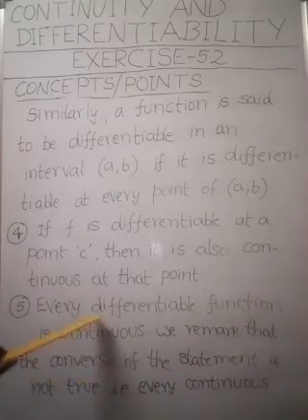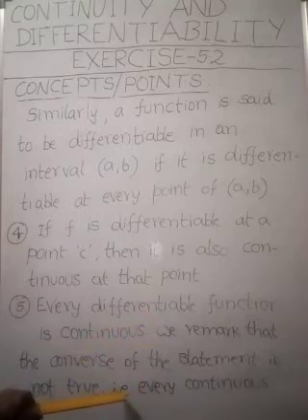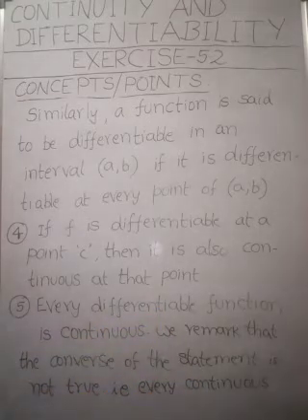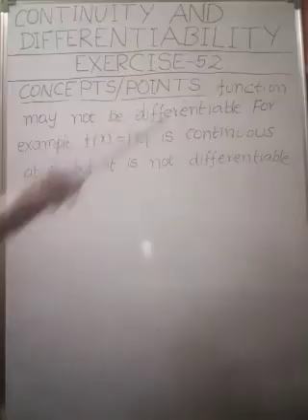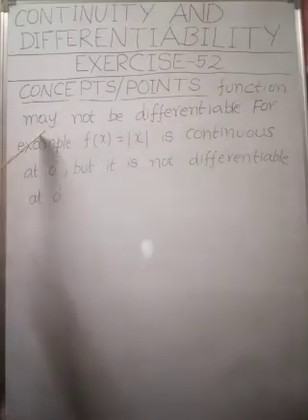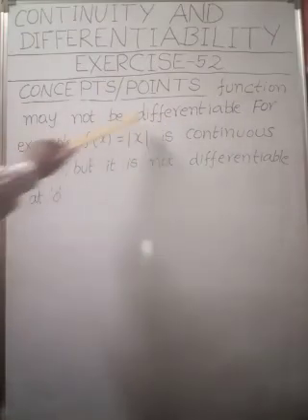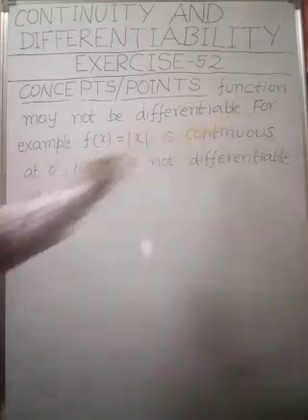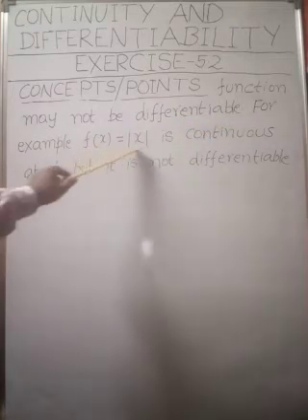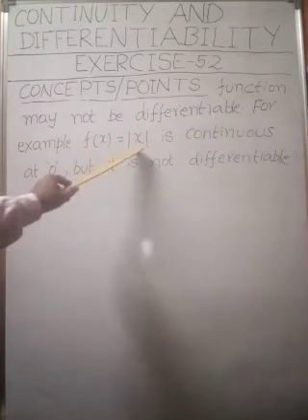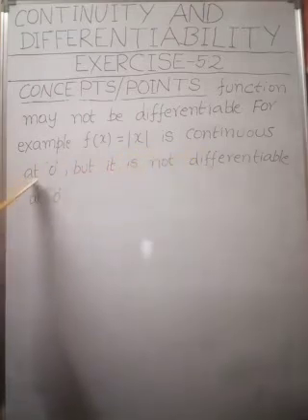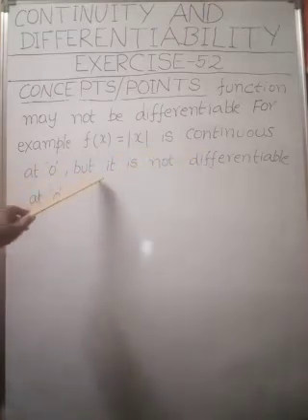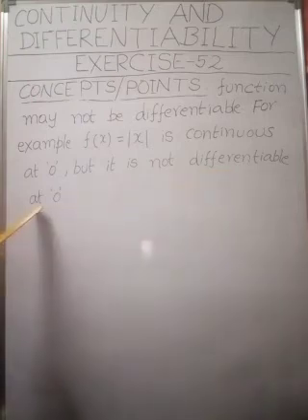That is, every continuous function may not be differentiable. For example, f of x is equal to mod x. If you take this function, it is continuous at 0, but it is not differentiable at 0. Okay, my dear children, is it clear?